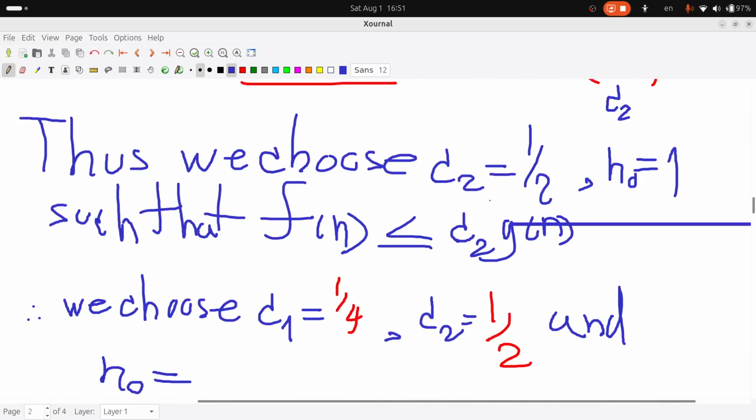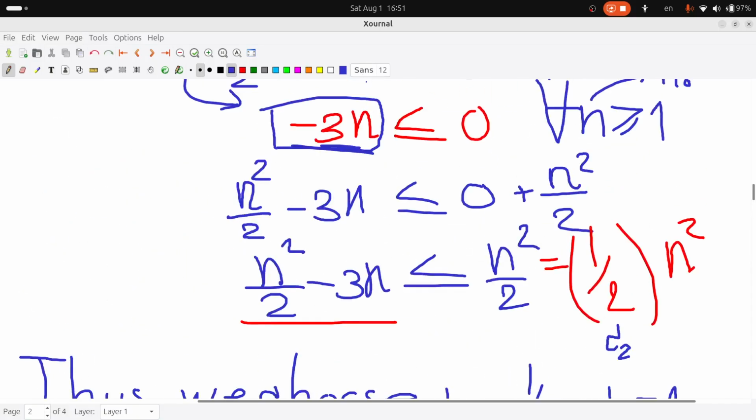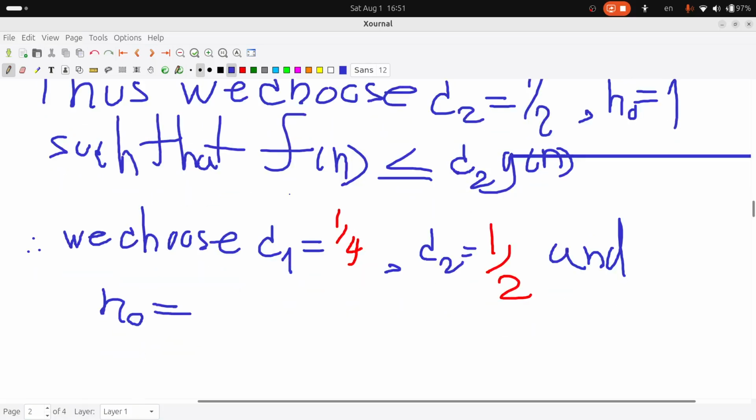To combine both lower bound and upper bound, we choose the maximum one. So between 1 and 12, what is the greater number? It's 12, right? So we say that the starting point for both upper bound and lower bound will be 12.